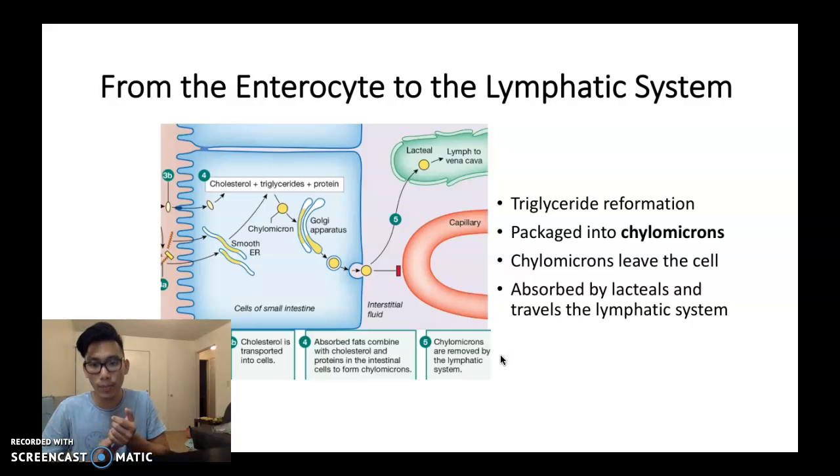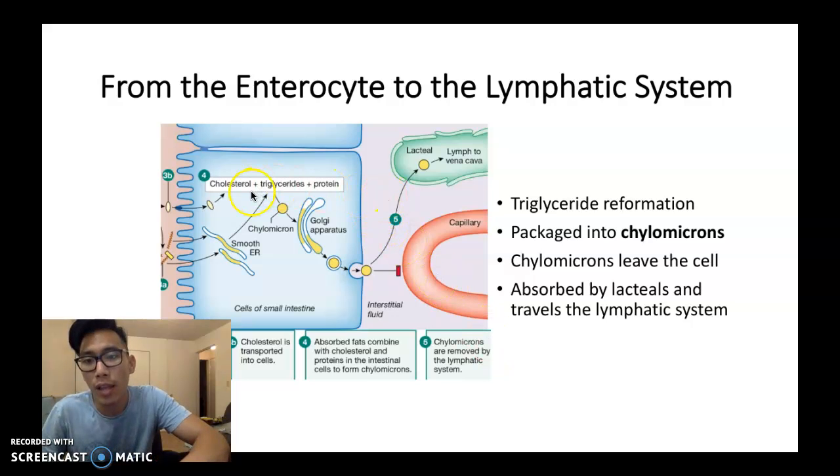In number 4, once the cholesterol and the free fatty acids enter the intestinal cell, the smooth ER will recombine these monoglycerides and free fatty acids into their natural form, the triglycerides. Then cholesterol, triglycerides, and protein will form chylomicrons.